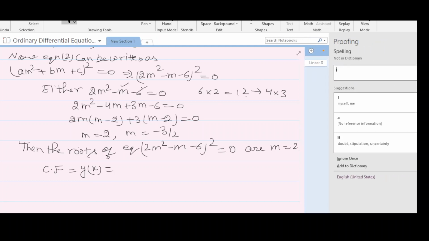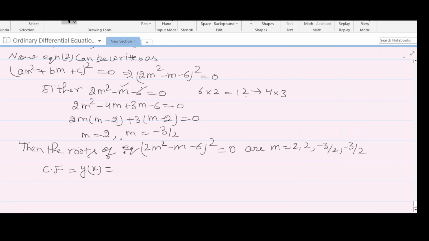Now the roots of this equation will be... If the roots are repeated and real, then m1 equals m2 and here m3 equals m4.